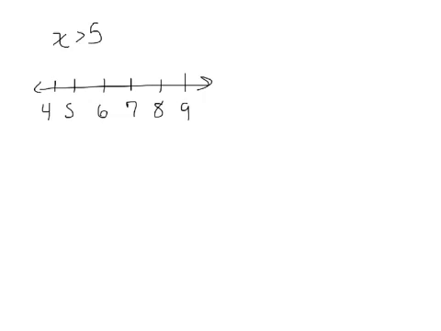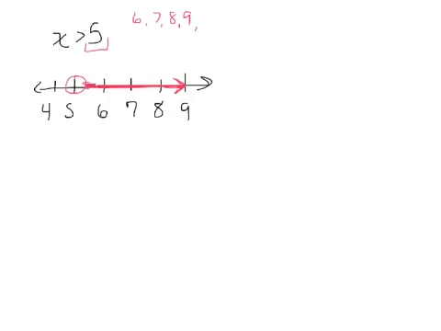That would be larger than 5. So I think, okay, I can have 6, 7, 8, 9. I could have 6.5. So basically, it's going to be the numbers along here, and it's going to keep going in that direction. So I'm going to put the arrow at the end of the line. And this number is 5, so I'm going to have a circle here.